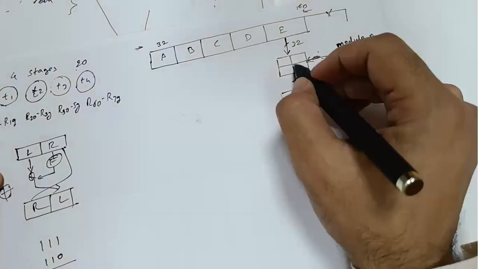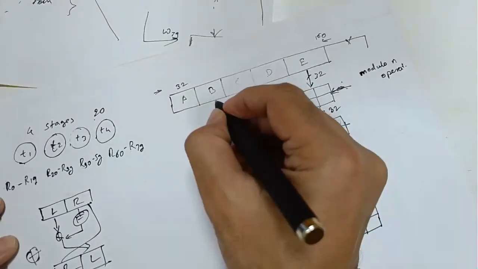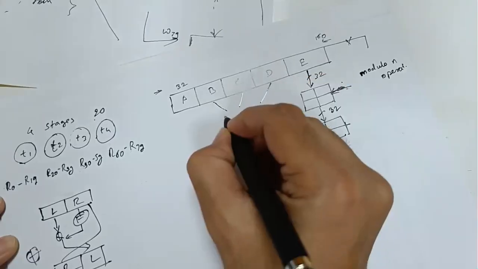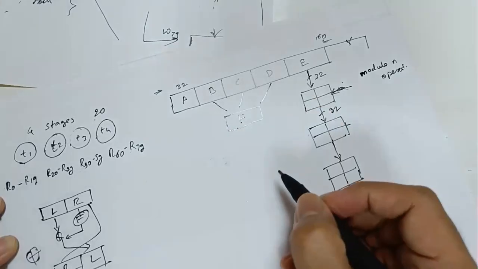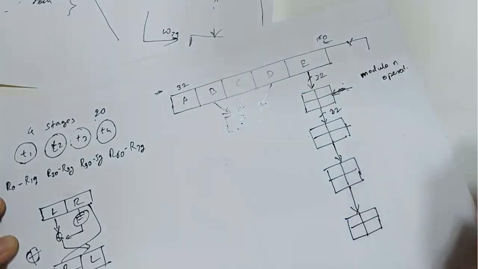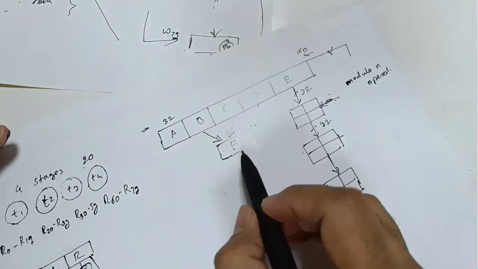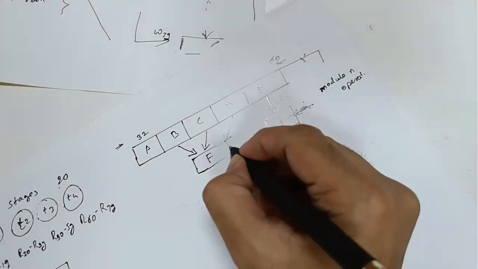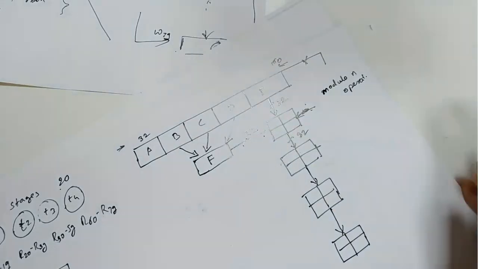Now, for the first one, what is the input you are getting? There is one Feistel function which takes three inputs, B, C, and D, and the output will again be 32-bit.